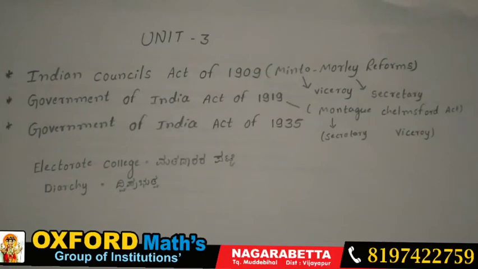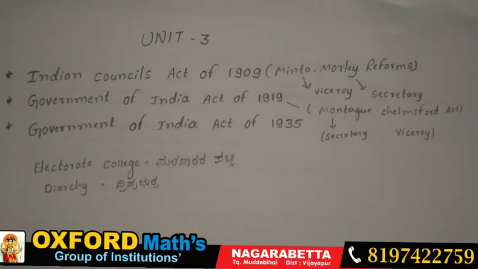So let us see the main important features this Government of India Act of 1919 introduced. The act created a bicameral legislative body, which means the central legislature has two houses, one a lower house and another an upper house. The lower house represents the elected body and the upper house is the nominated body.